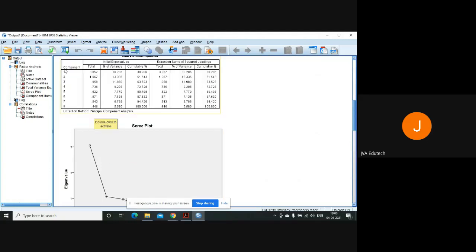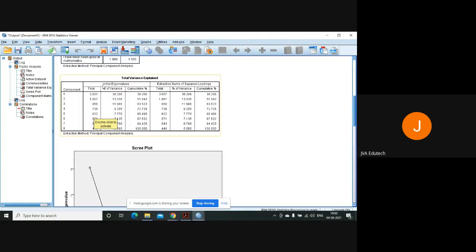And if you see from this total variance explained table also, the initial eigenvalues: for component 1 it's 3.057, for 2 it's 1.067. After this it is below 1, and below 1 is not desirable. So we will extract finally only two factors.